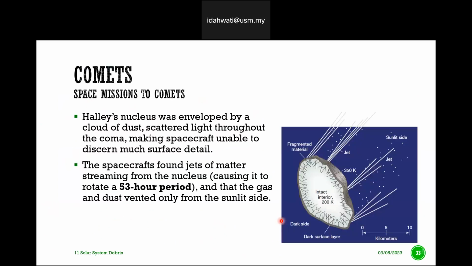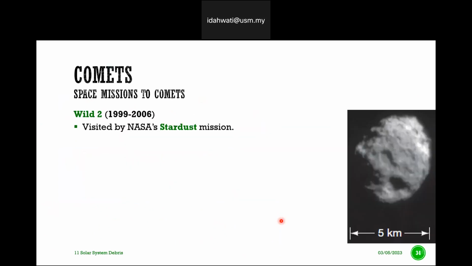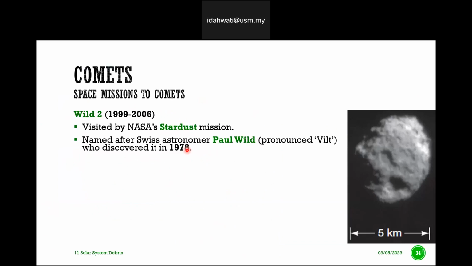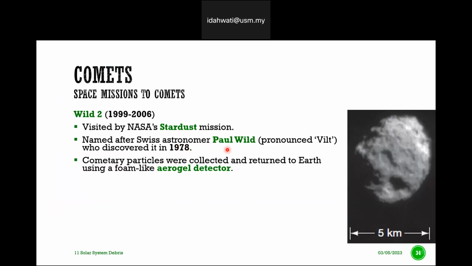Okay, the next one is Wild 2, visited by the NASA Stardust mission, named after the Swiss astronomer Paul Wild, who discovered it in 1978. Cometary particles were collected and returned to Earth using a foam-like aerogel detector.